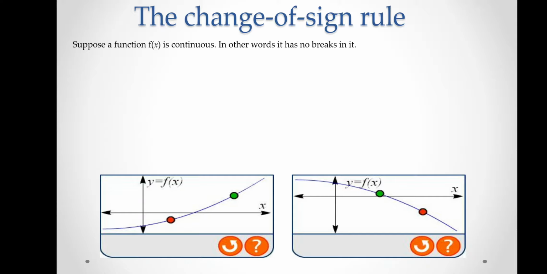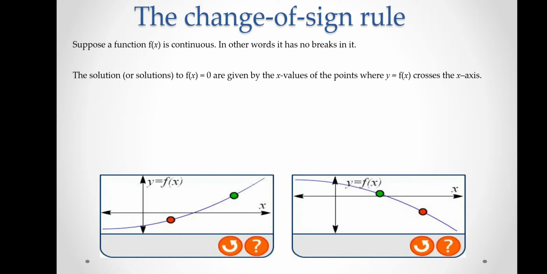If the graph is crossing the x-axis, you can see from the graph that there should be a sign change: from the negative side to the positive side, or else from the positive side to the negative side. From these two graphs, it goes from a red dot to a green dot, or a green dot to a red dot. That means negative to positive, or positive to negative. So if it is a root, there should be a sign change.